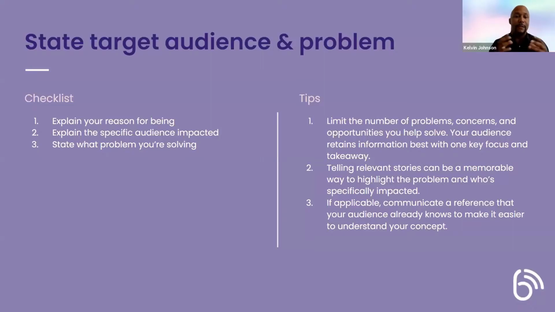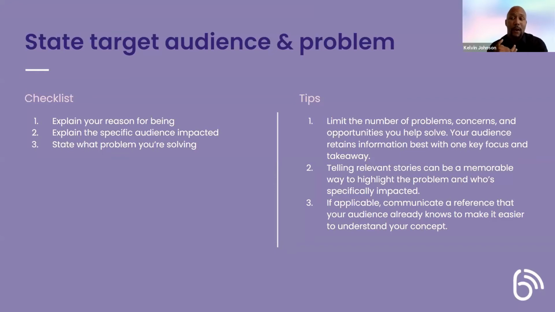So I'm going to transition into our SOUL framework. Not read everything on the slide, but the S in SOUL stands for stating the target audience and the problem. And the mini checklist we have on the left here is, number one, you want people to have a clear understanding for your reason for being.